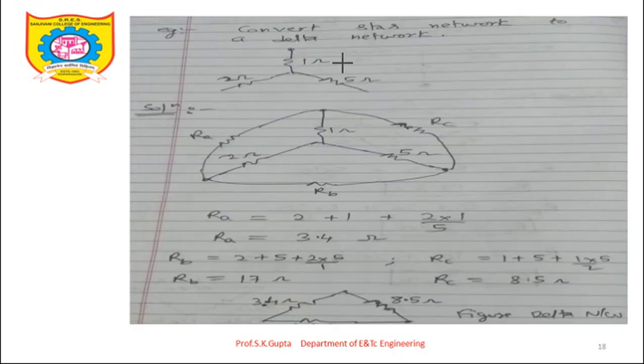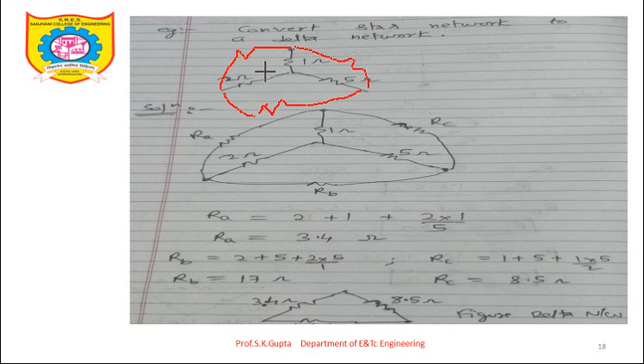Now one more example. So one more star network is given and we have to convert it into delta network. So you can just join the terminals with resistances. You can take this as a practice. Okay. Then one more resistance over here and just join it.